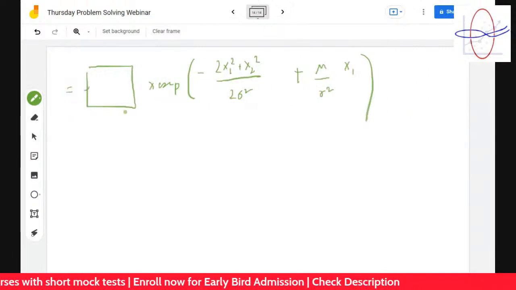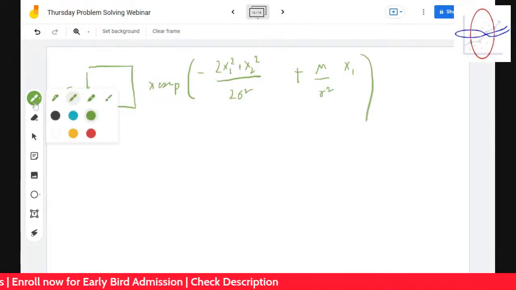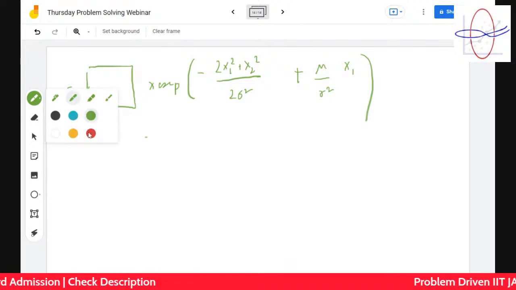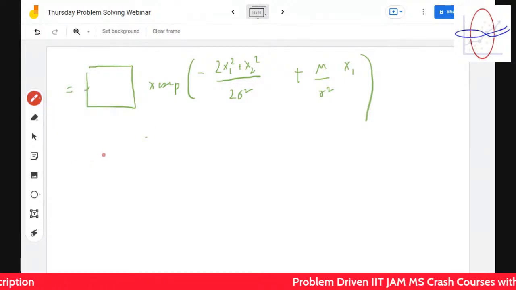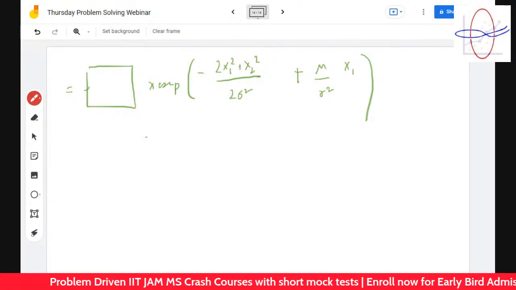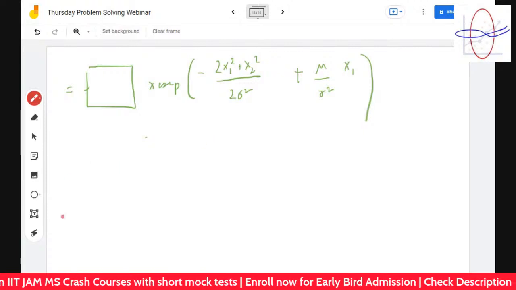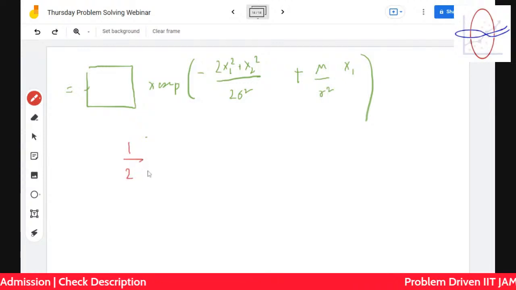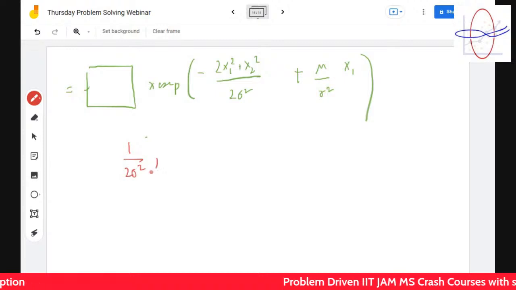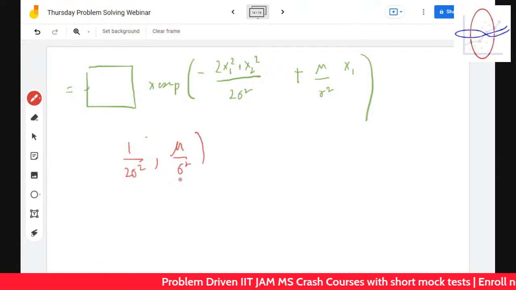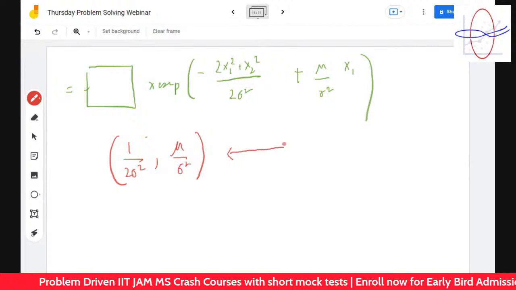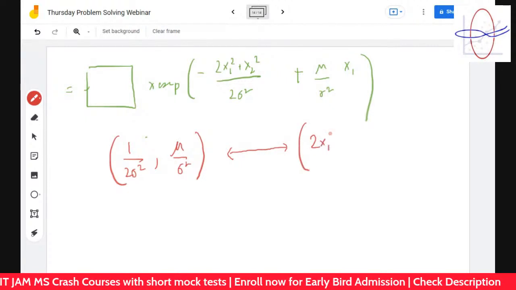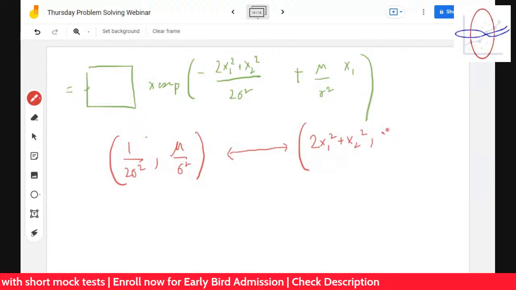Good. So therefore, this is a function of something. Understand that, if you remember, you have to go back to the 2-parameter exponential family. Actually it's not exactly that, but you can understand it from here: if you consider these 2 parameters, 1 by sigma square and 2 sigma square, the sufficient statistics is 2x1 square plus this, comma x1.